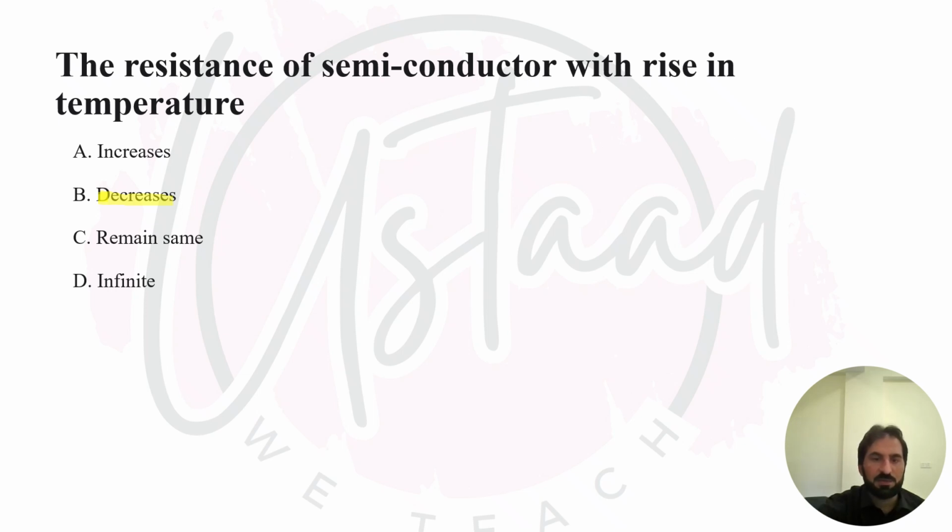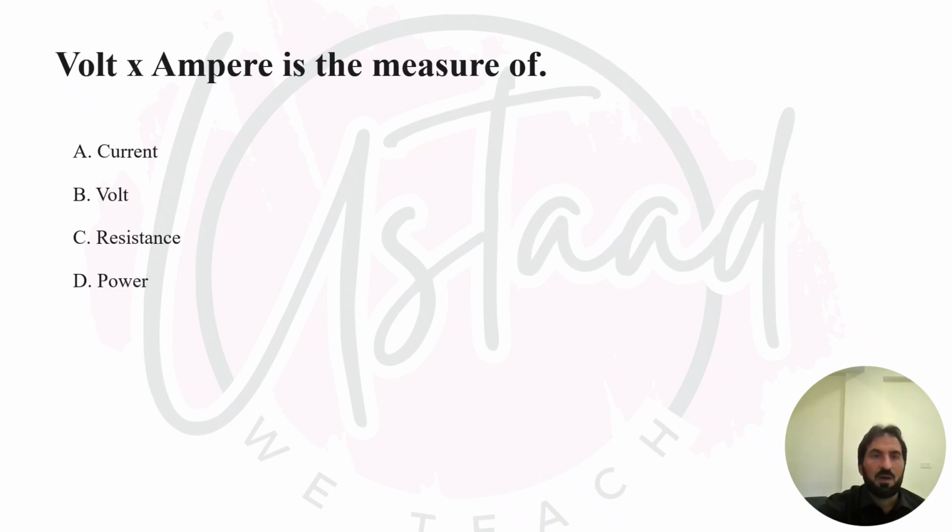Next MCQ is, a volt into ampere is the measure of: current, volt, resistance, or power. So this is the mathematical form of power, that is P equals IV, or V into I.